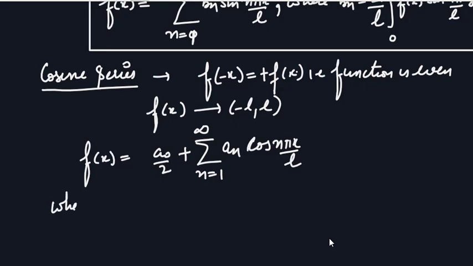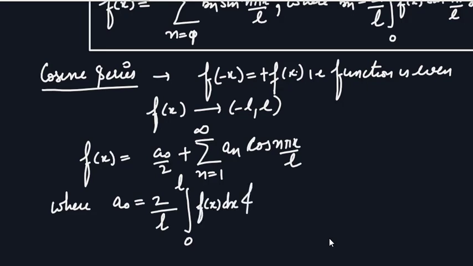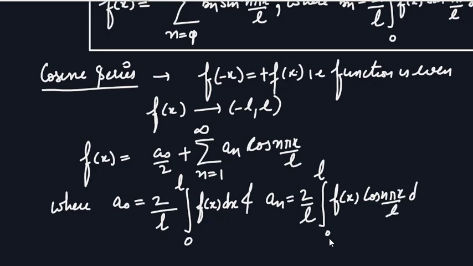Where a naught is given by, like we have written for an even function for the interval minus L to L, here similarly I will write a naught as equal to 2 by L integral 0 to L f of x dx, and an is 2 by L integral 0 to L f of x cos of n pi x by L dx.